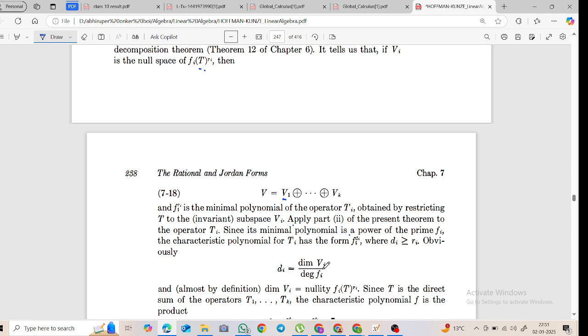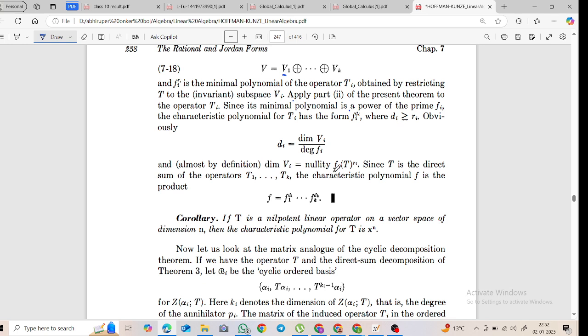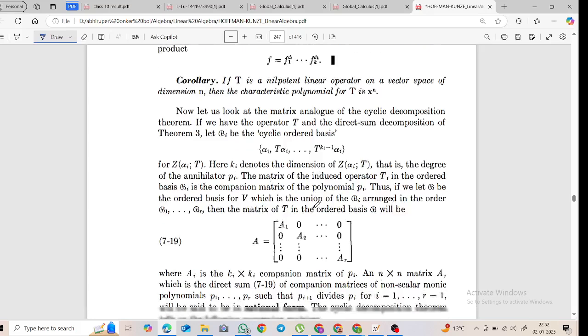Di is the dimension of Vi divided by the degree of Fi, because Fi to the power Di is 0 applied on Ti, and almost by definition the dimension of Vi is the nullity of this.